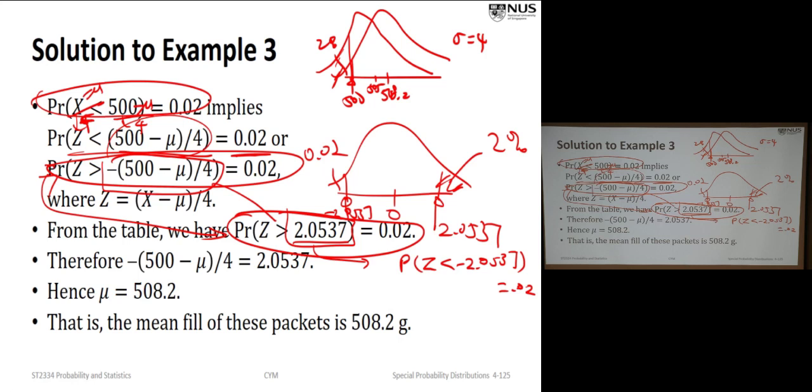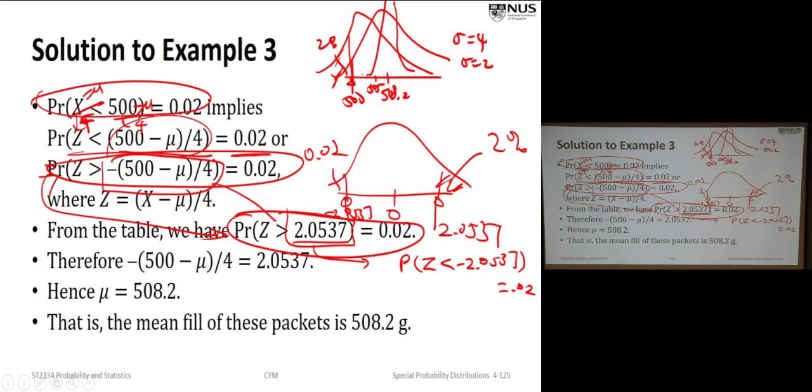I remember there are two quantities that affect the distribution. So I change my sigma. Instead of 4, maybe change it to 2. Then what will it look like if I change it to 2? If the mean is 508 and I change sigma to 2, then it will be, oh, I'm sorry, I couldn't draw it. It's more concentrated around the mean.